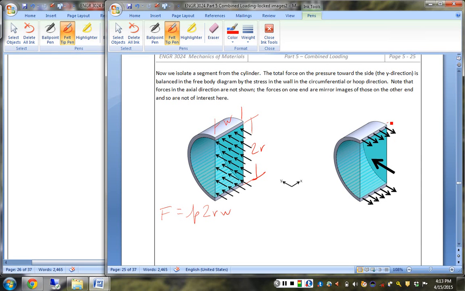If we have our wall thickness that we call T, and it's still the same W this way, we must have this hoop stress in this direction times WT is the area of one of them, but I've got 2 of them.